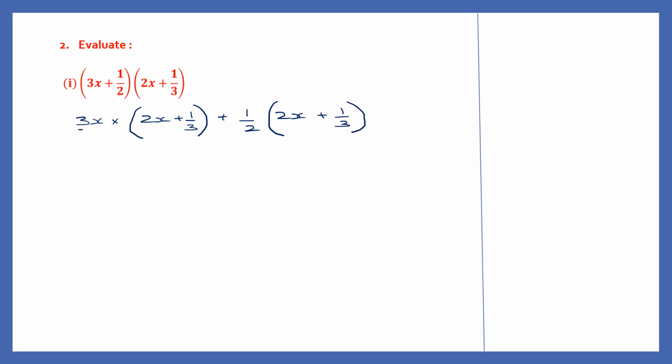We're going to multiply 3x first into 2x. This is a binomial multiplication that we have learned earlier, where we don't apply identities. 3x into 2x, 3 2's are 6, x into x is x square. So we finished multiplying 3x into 2x. Now we're going to multiply 3x into 1 by 3.